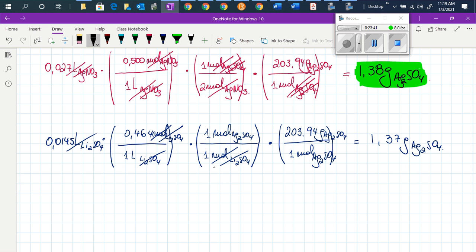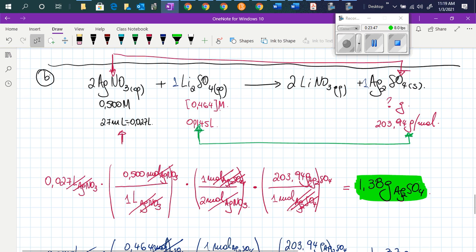That means that in this reaction, the limiting reagent is lithium sulfate. This is the limiting reagent, and silver nitrate is the excess reagent.